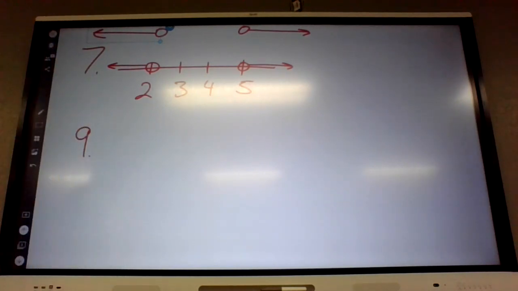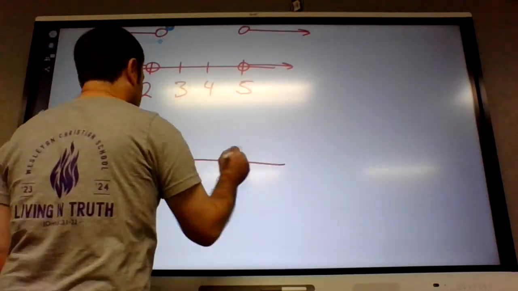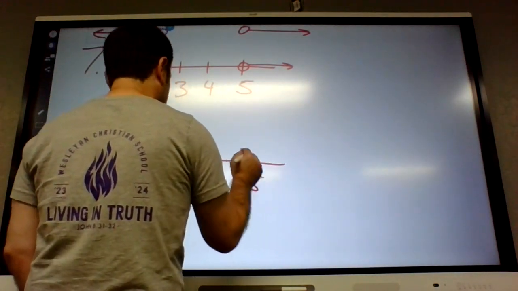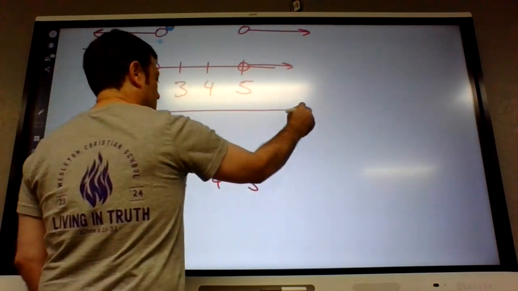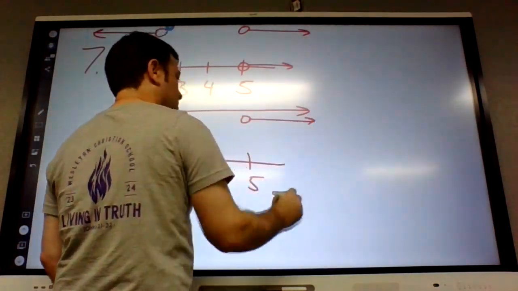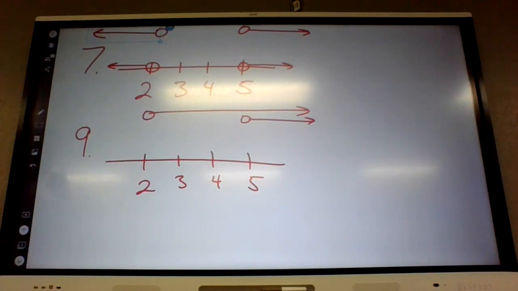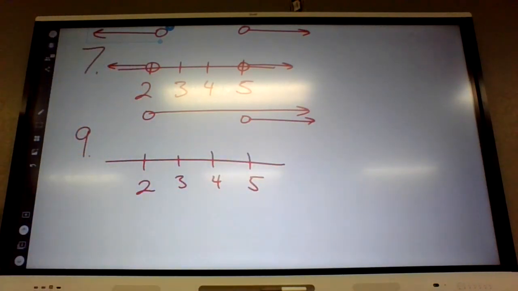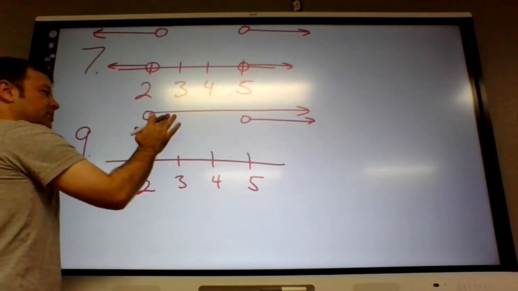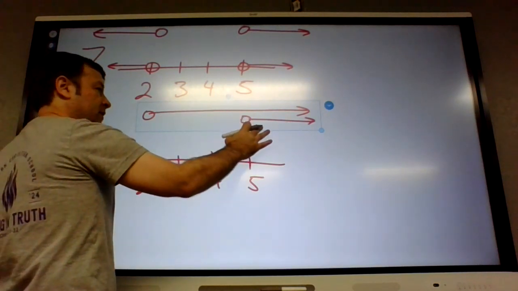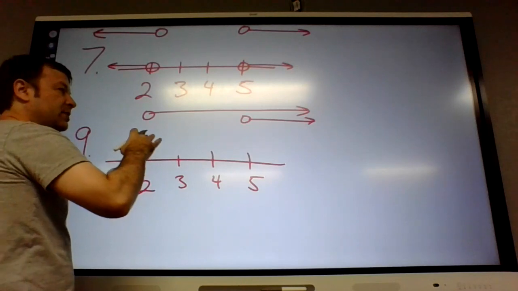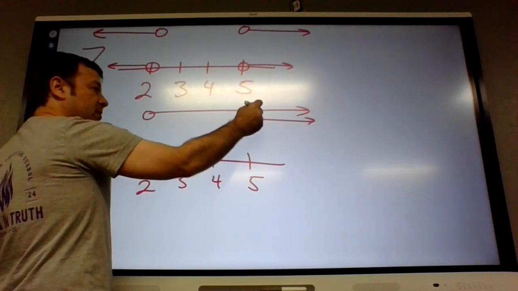X is greater than 2 or greater than 5. This time they're both greater than, so they're both going to the right. What numbers are greater than 2 or greater than 5? Everything after 2. Yesterday we only used this part, right?